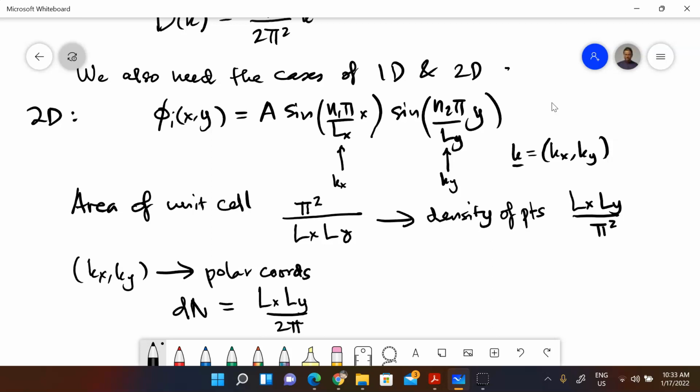Let me just write down the result, so we don't have to go through the working again in this particular example. What was it? k dk. So this is now your density of states for the 2D case.